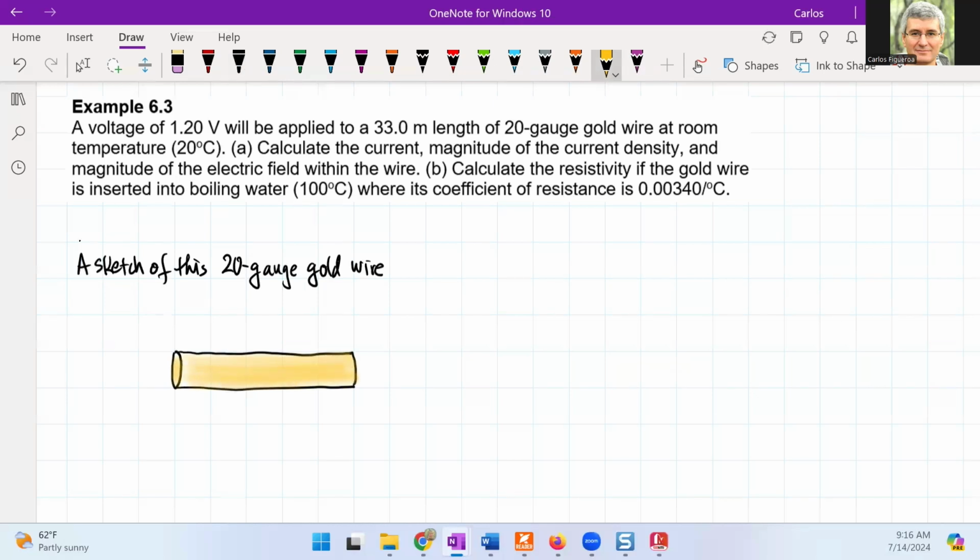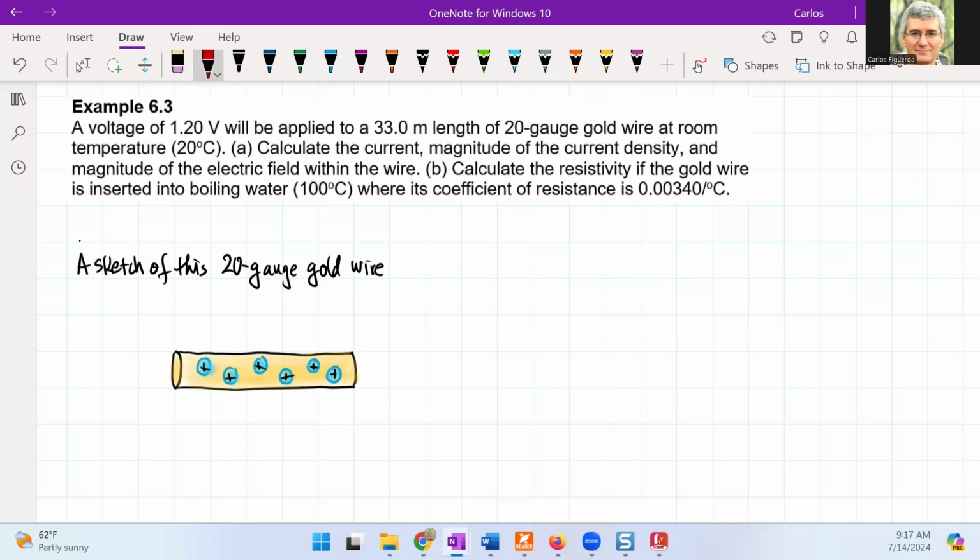And then inside, I'm going to have ions. So I imagine that I have these gold ions throughout the wire. And now we're going to place a voltage drop across this.